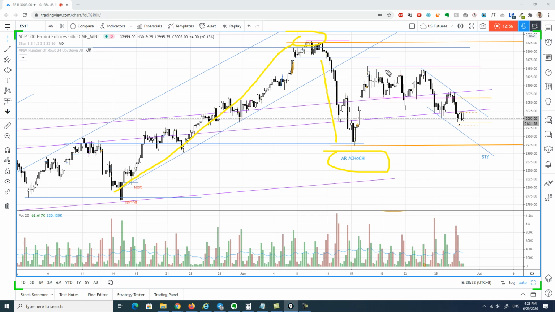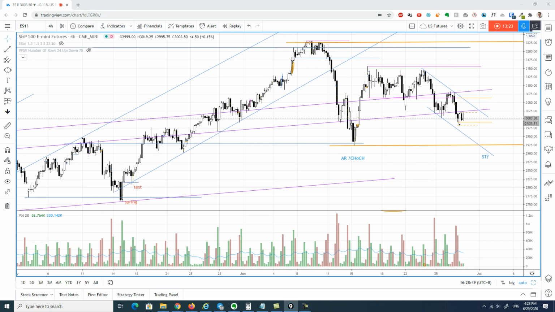So this is the test, and I think that actually concludes phase A. And now we are entering into phase B, which is this portion. So I think it's quite normal to see a test of this prior low here, which is currently what's happening now.